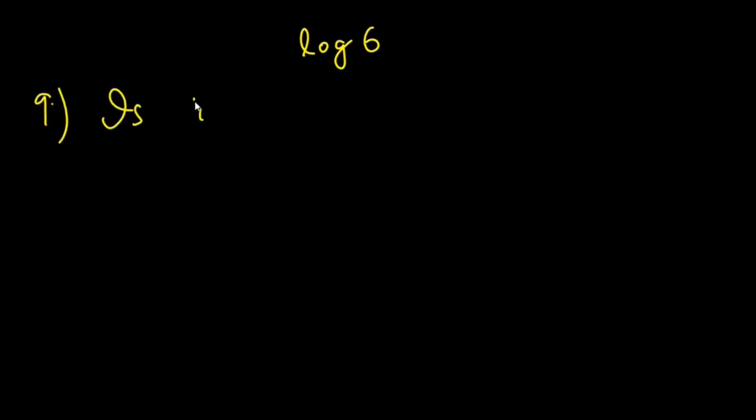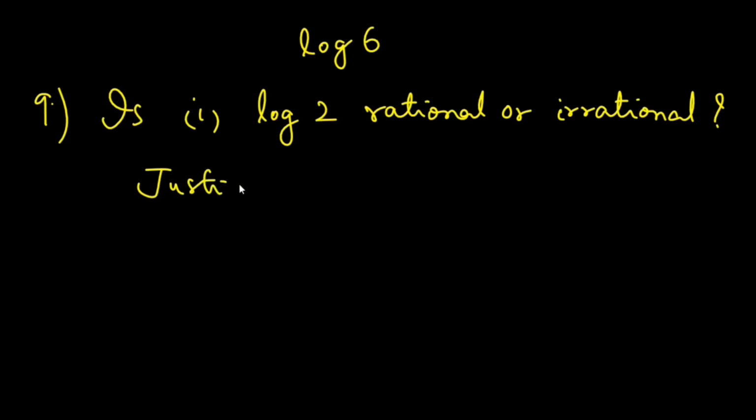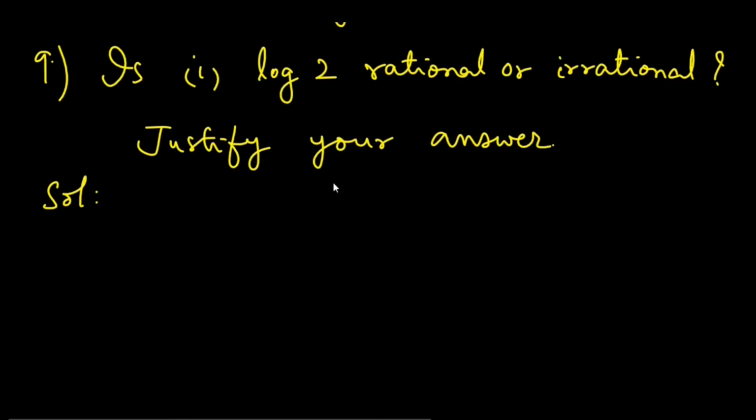The first one: is log 2 rational or irrational? Justify your answer. Solution: log 2, this is log 2 to the base 10. Logs of powers of 10 are rational.